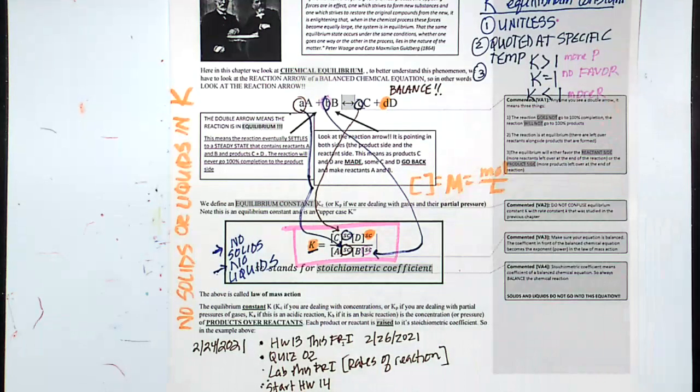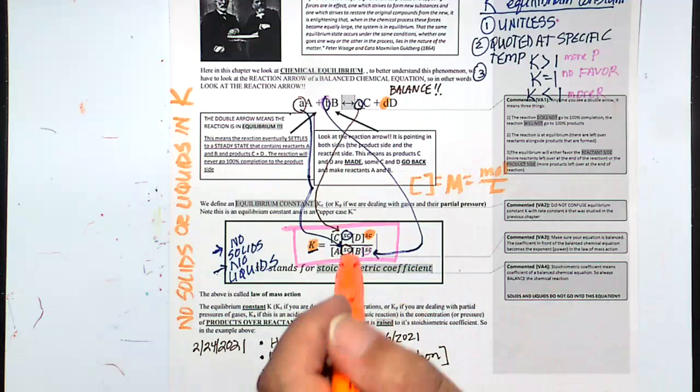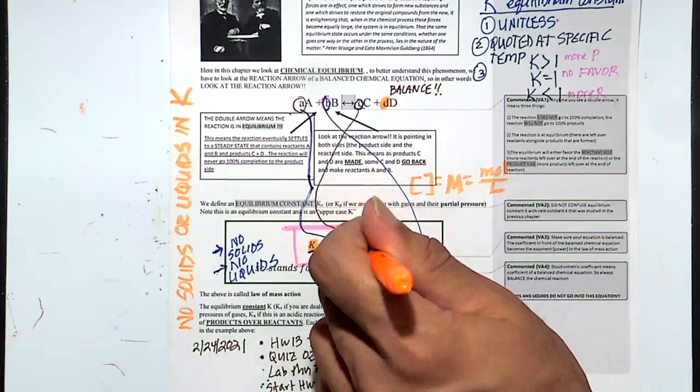So the liquids, pure liquid is just a pure liquid. Okay, it's just the medium. It's just the basis for which the reaction is undergoing. So with that in mind, just don't put solids and don't put liquids in here.